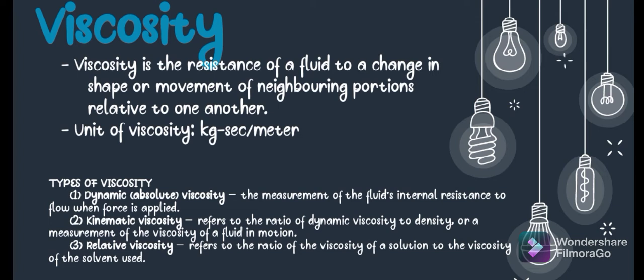As you can observe, ketchup has lower viscosity for us to be able to get it out of the bottle. If it is too viscous or sticky, then it would be hard for us to get it out. But as you can also observe, ketchup is thick enough so it won't flow out when we put it on a burger.